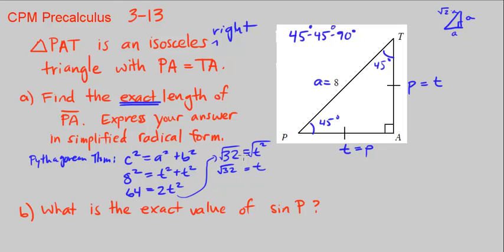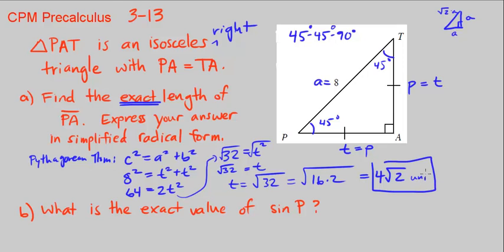So we want to keep it in the form of square root of 32. But let's go ahead and simplify that. We know t is equal to square root of 32, and 32 is equal to 16 times 2. And we know the square root of 16 is 4. So in simplified terms, the side length PA, or t, is just 4 square root of 2 units.